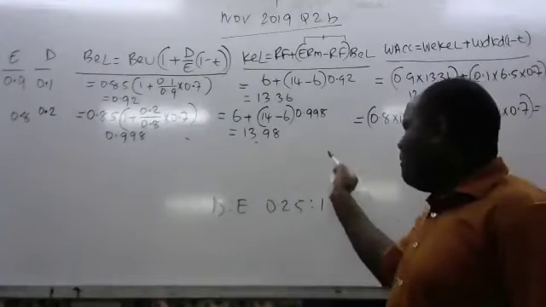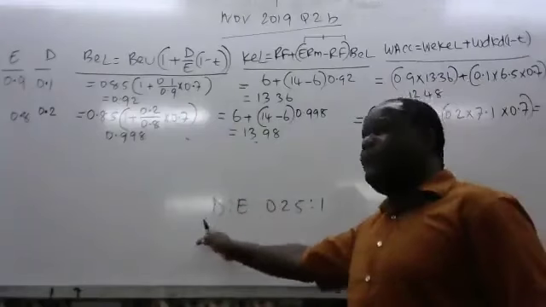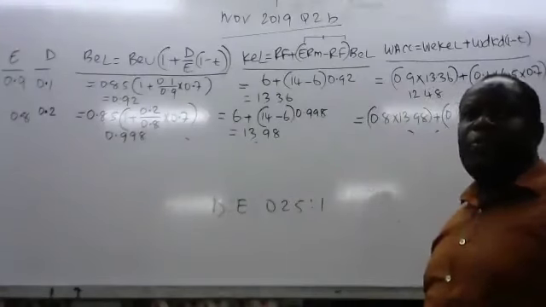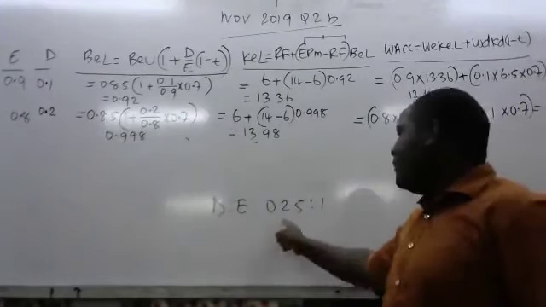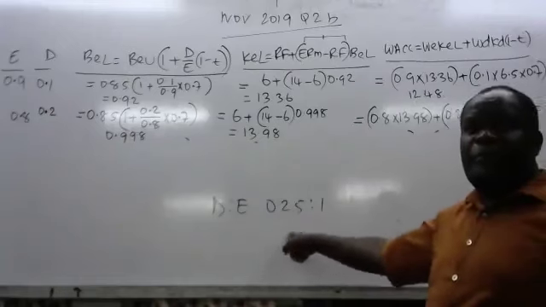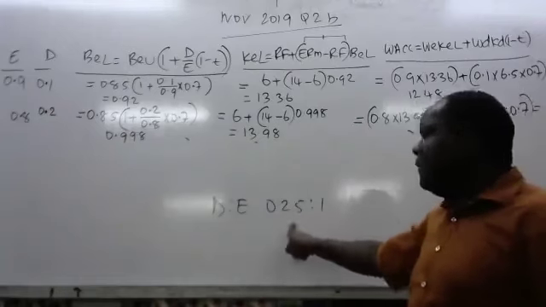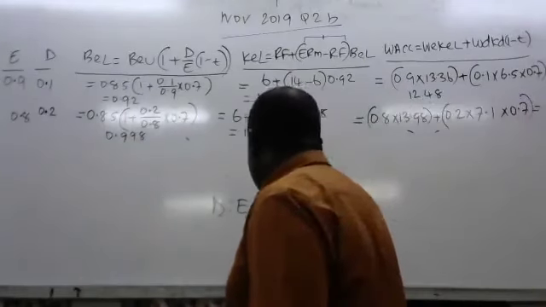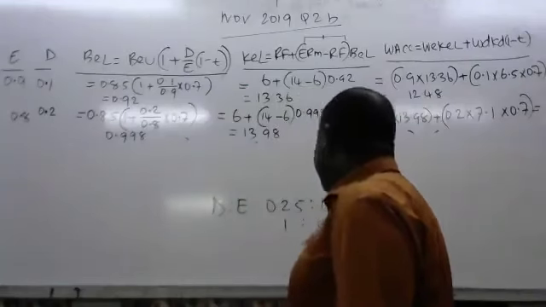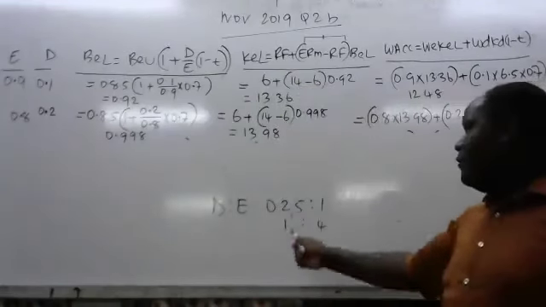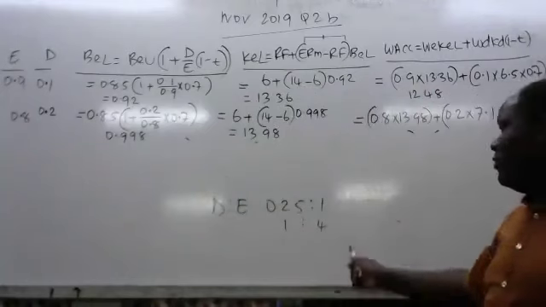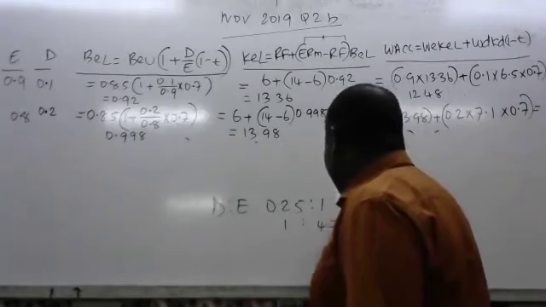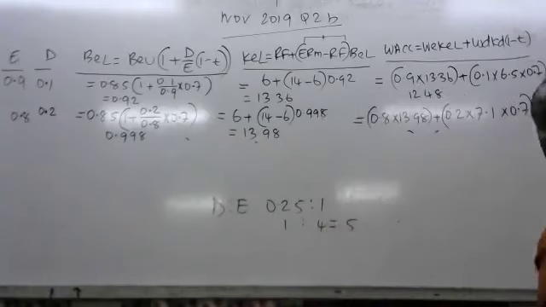So we want to go backwards to get now the proportion of the debt and also the proportion for equity. We get the least common multiple between these two. 0.25 is the least. It will go to itself once. It will go to 1 four times. So that when you add them, they will come to 5 like that.